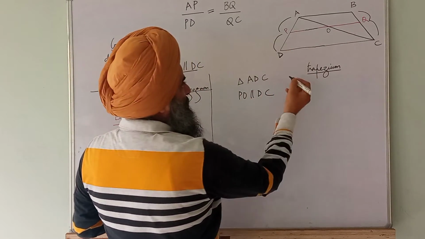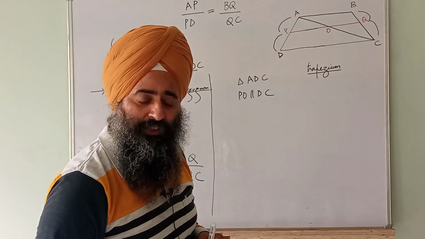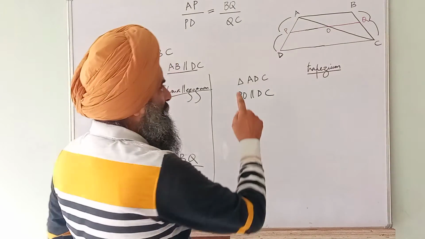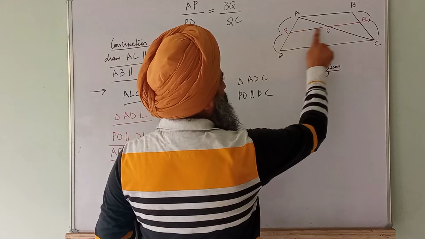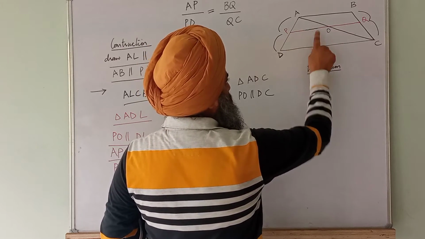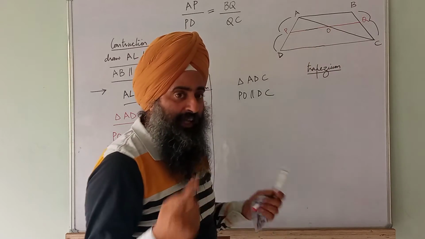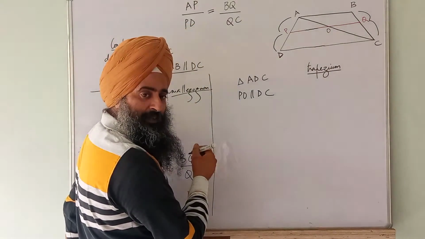So we can say what is the ratio? Which ratios are equal? Please speak, online students. In a triangle, when this line is touching two sides at P and O, and this line is parallel to one side, the other two sides are divided in the same ratio. So what is the ratio which is equal?